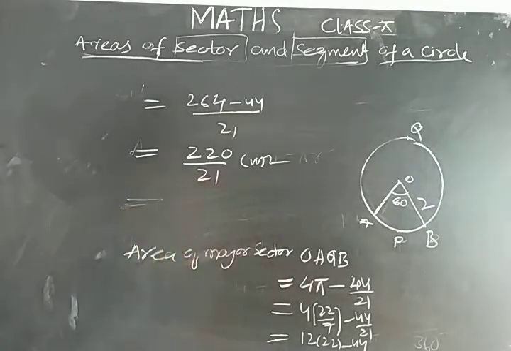You can convert it into a decimal expansion. Okay, this is the major sector area. So in the same way you can do exercise problems also. Okay, and in the next class we will discuss exercise problems. Thank you.